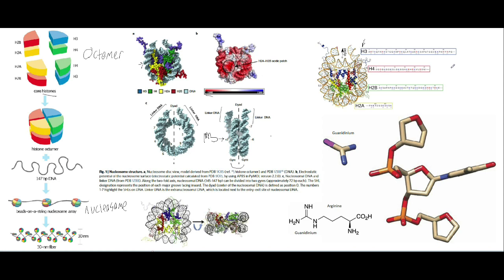Arginine has this guanidium group on it. So at physiological pH, this would actually have another hydrogen bound onto this nitrogen, and it would be a plus charge. And so this just is a guanidium.